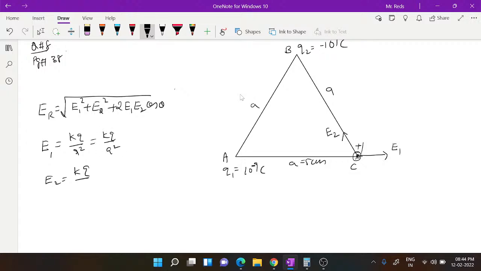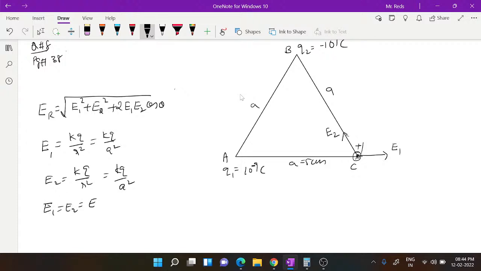Magnitude wise, both are KQ by A square, but the direction will be different. The magnitudes are equal, so you can say E1 is equal to E2 is equal to E.